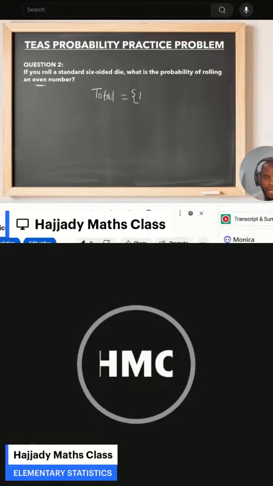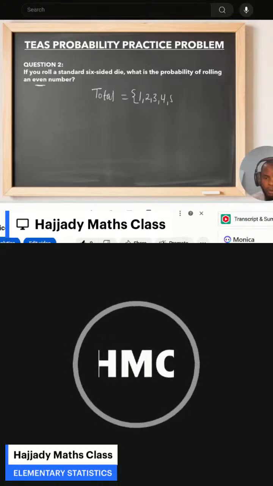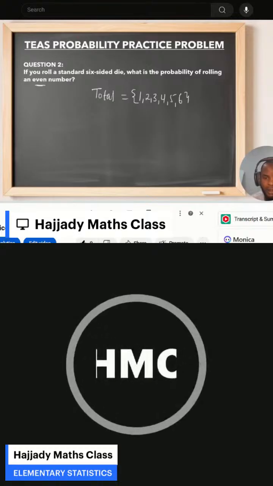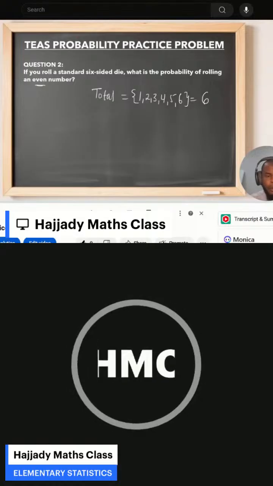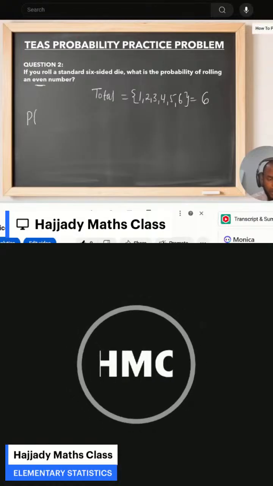When you throw a die, the possible outcomes are 1, 2, 3, 4, 5, and 6, right? This is the possible sample space you can have. So the total is what? 6 faces. Now, what is the probability of throwing even numbers? So here we have the cardinality, or the number of even numbers over total.